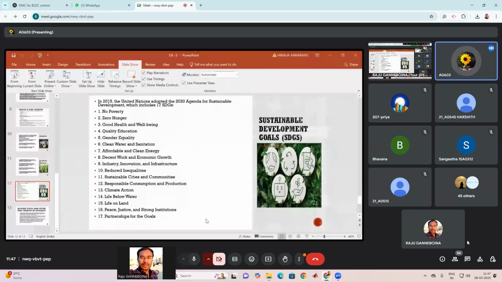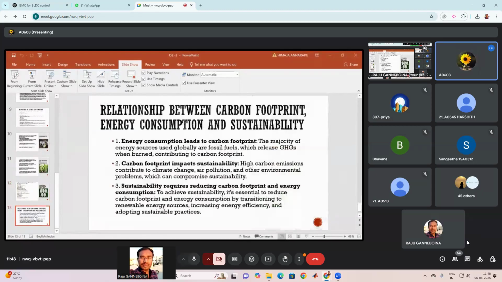So these were all the sustainable development goals which they wanted to achieve by 2030. It was taken in 2015 by governments and the whole world also.